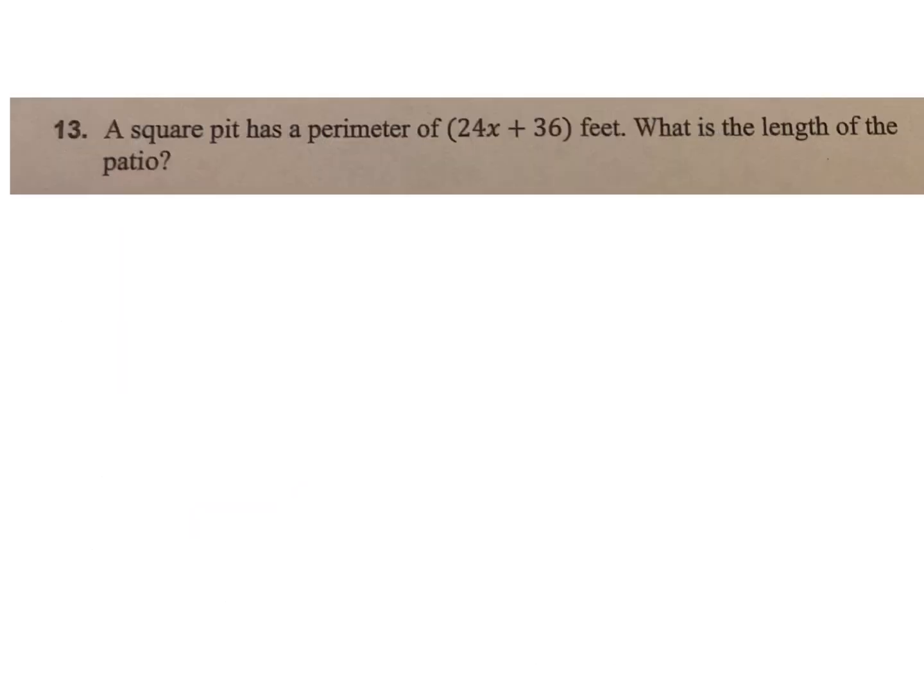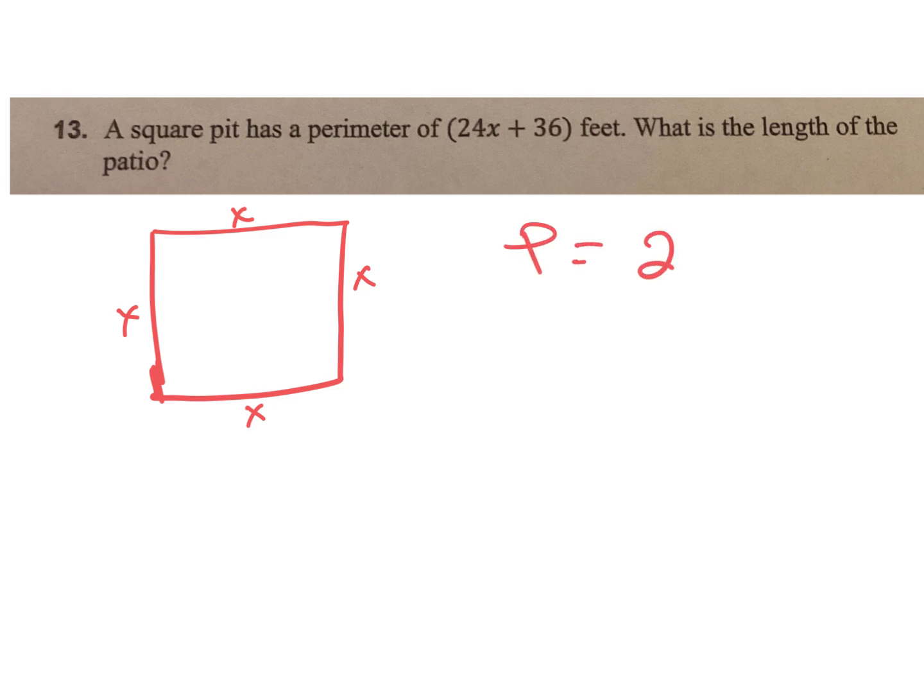All right, number 13. A square patio has a perimeter. I love dealing with things that are square because I know every side is the same. This is the same as that, it's the same as that, it's the same as that. So I know the perimeter equals 24x plus 36.